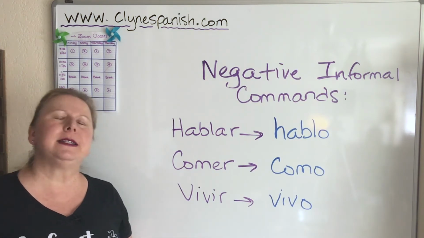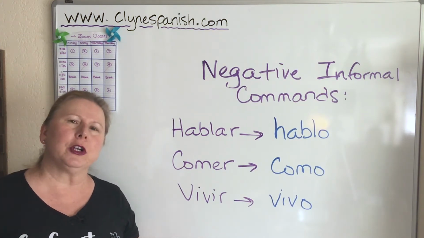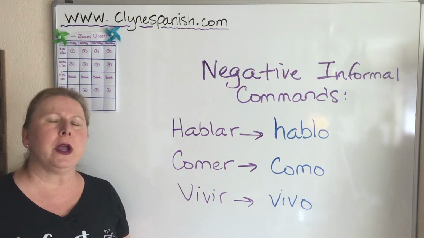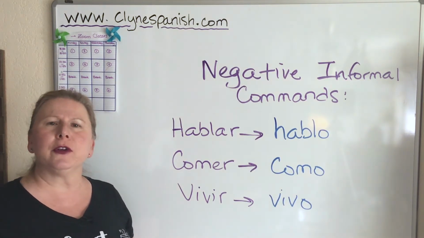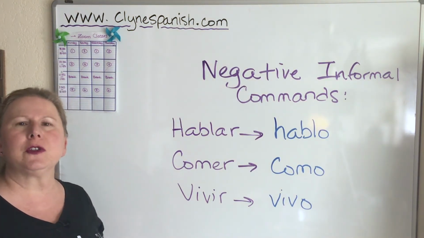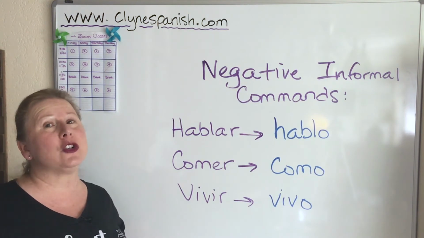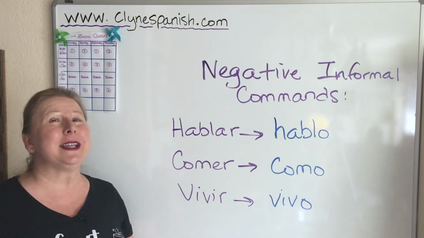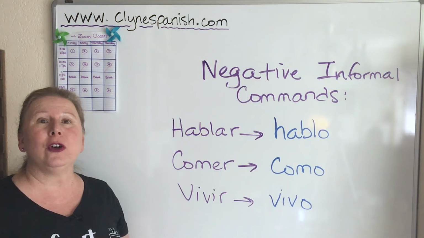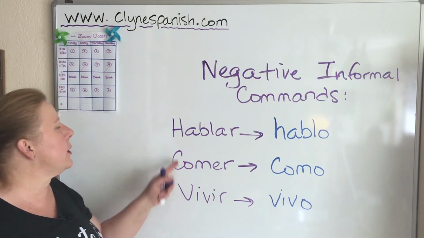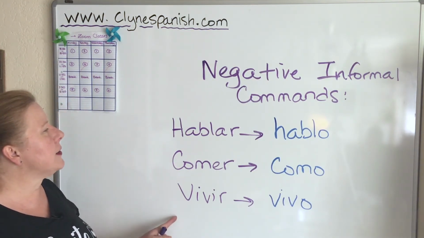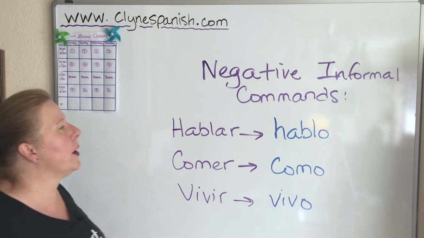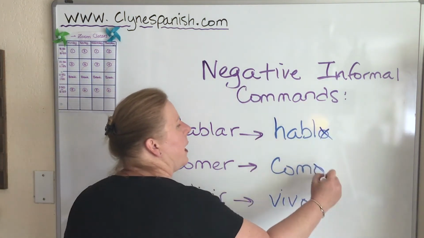Doesn't make that big a difference with regular verbs, but it will down the road when we're dealing with other verbs that undergo stem changes or changes in the actual yo form, like your go verbs, like hago, tengo, vengo. All right, so here we have starting with present tense yo form. Then we drop the O.